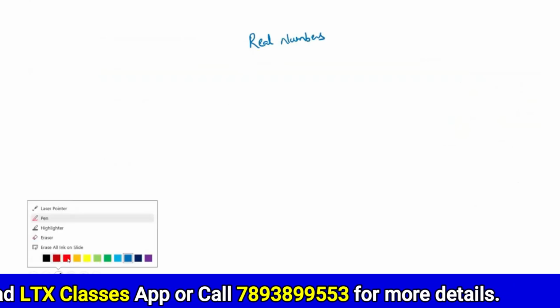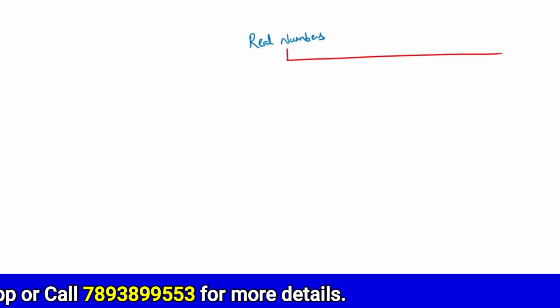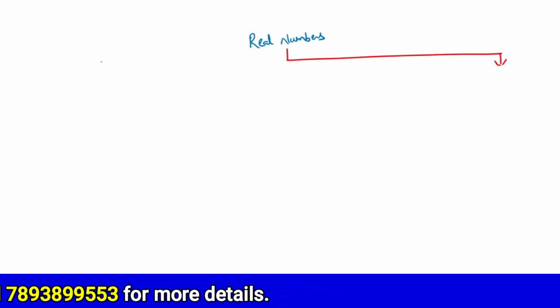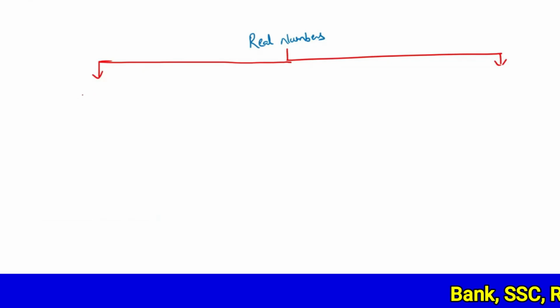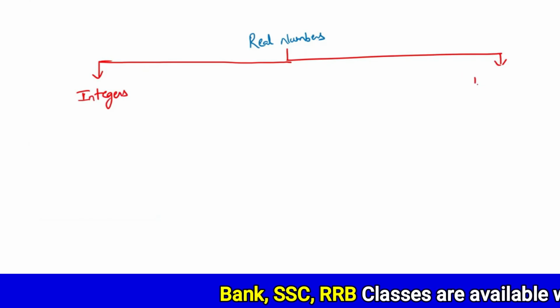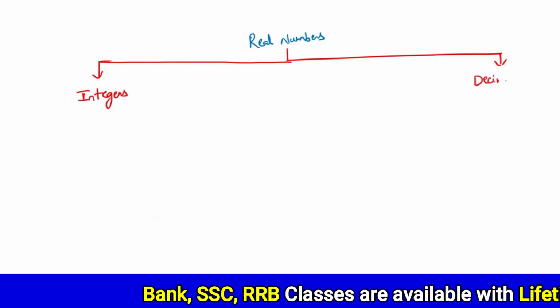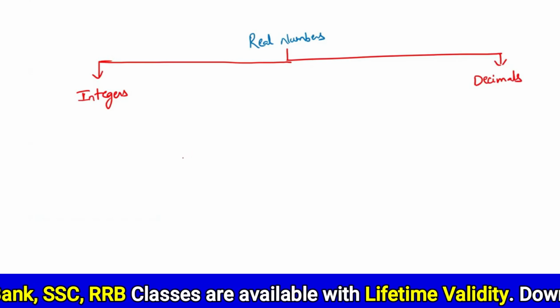And now coming to the further classification for real numbers. Not directly rational and irrational. Let us understand it like this. It is integers and decimals. And after this classification, we will understand the terms rational and irrational.